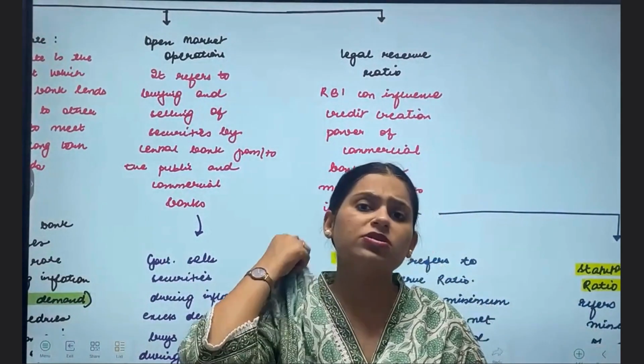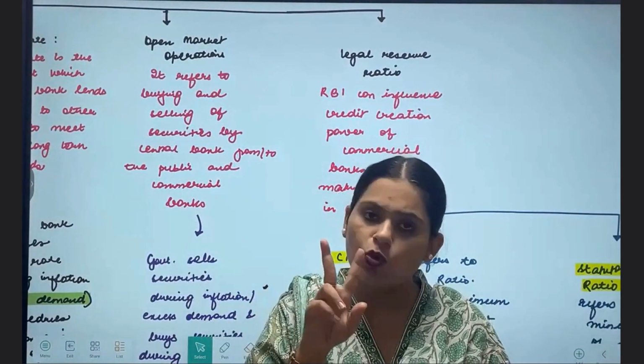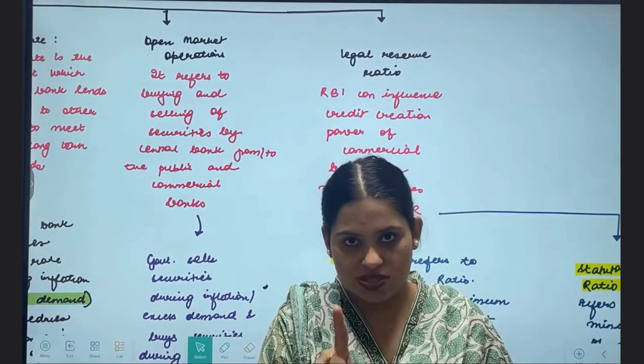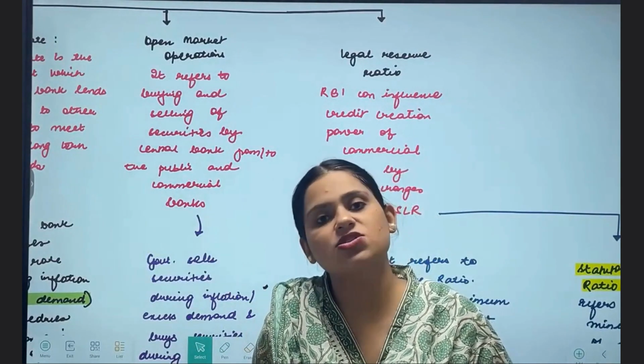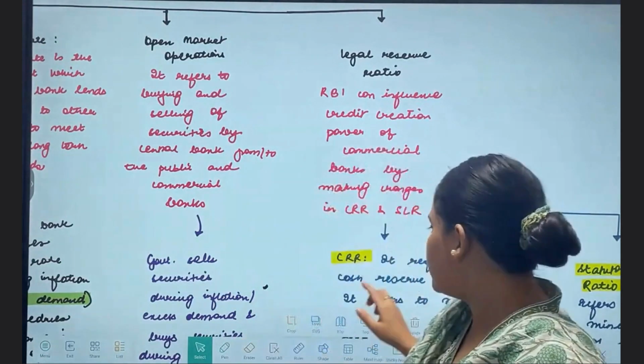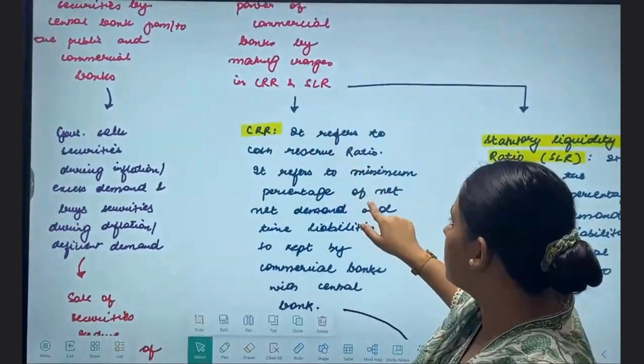When I talk about the legal reserve ratio, there are two ratios. One is known as CRR, cash reserve ratio, and other is known as SLR, statutory liquidity ratio. What is cash reserve ratio?